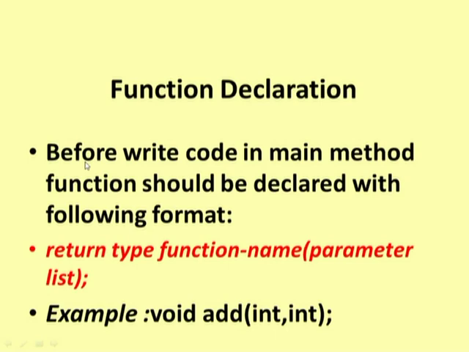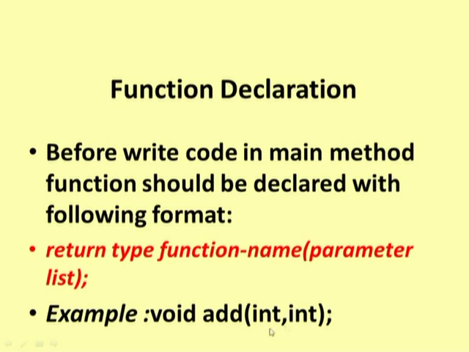Please remember, when you write the prototype of the function, put the semicolon at the end, and it is not mandatory to write the variable name in the parameter. Only the data type is required. So here I am writing only int comma int. I am not writing int a comma int b. Only the data type for the parameter is required, and this is a must. Putting the semicolon at the end of the function declaration is mandatory.